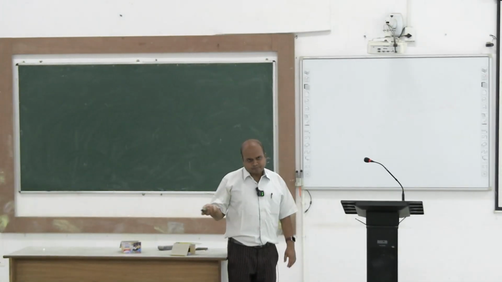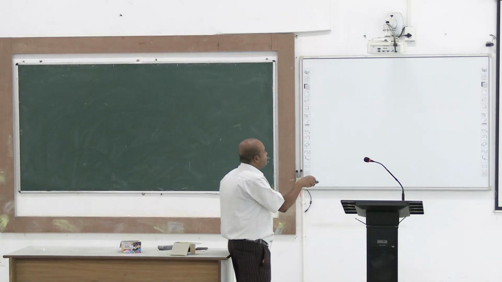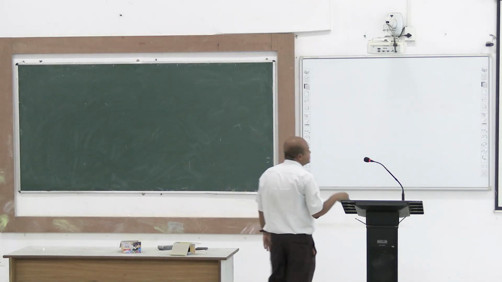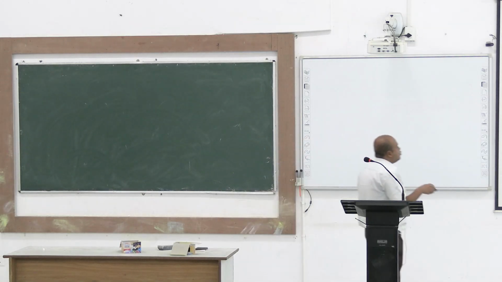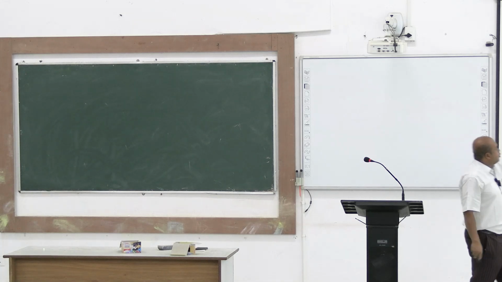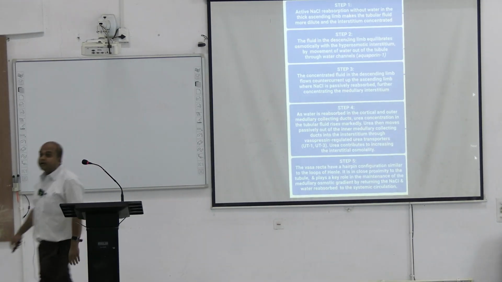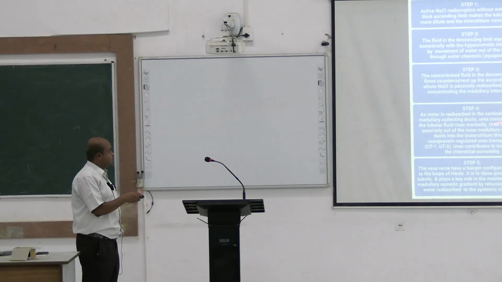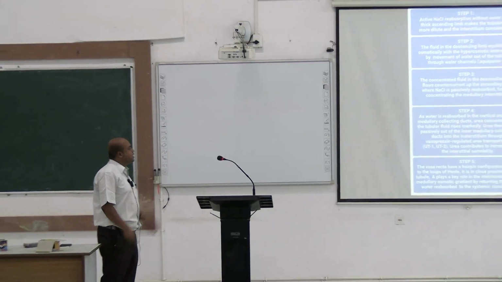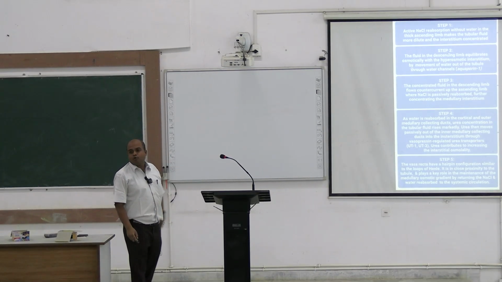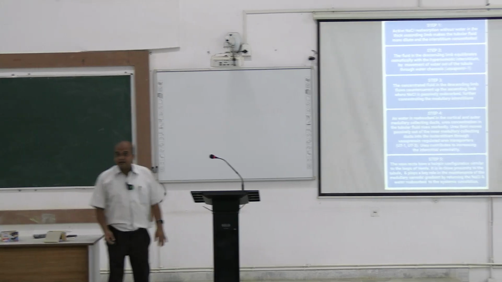Passive means not involving energy. This further concentrates the medullary interstitium, and water is reabsorbed in the cortical and outer medullary collecting ducts also, but under the action of ADH.